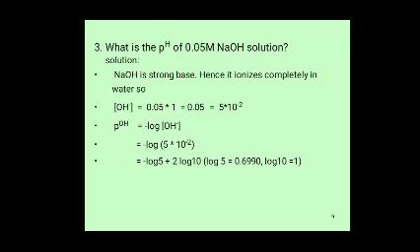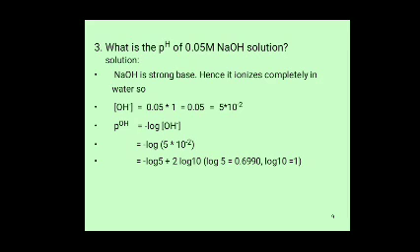So that is equal to minus of log 5 plus log 10 to the power of minus 2, which is minus log 5 minus of minus 2 into log 10, minus into minus plus 2, so minus log 5 plus 2 into log 10.